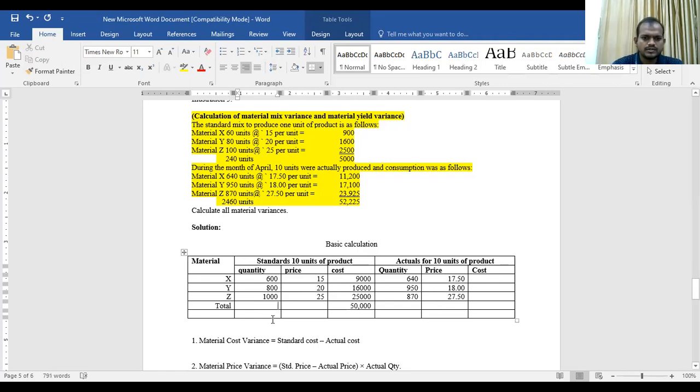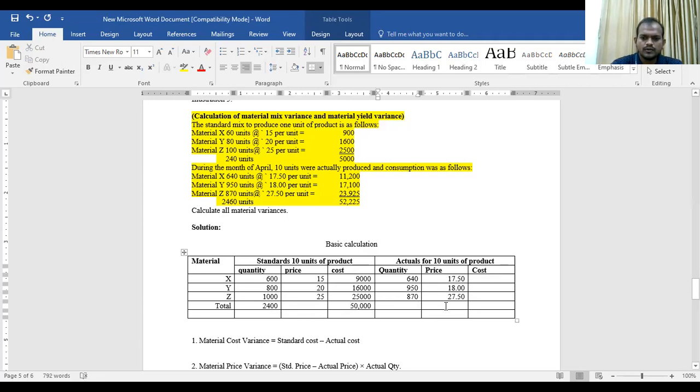So total standard material 2400. So 2400 standard units were utilized and it costs around 50,000.